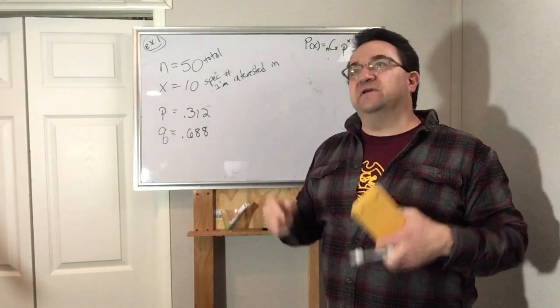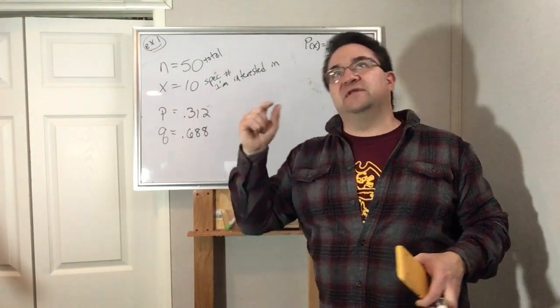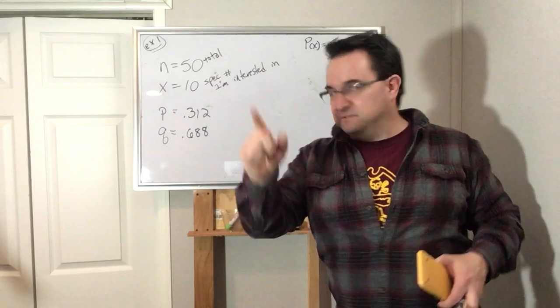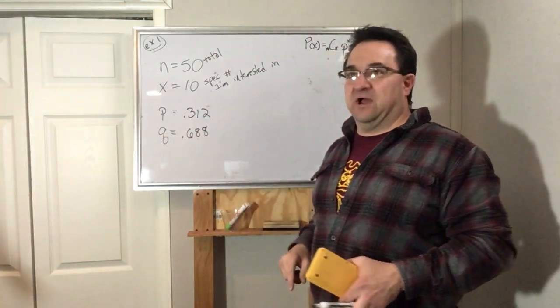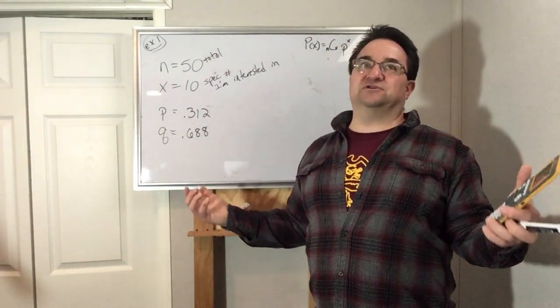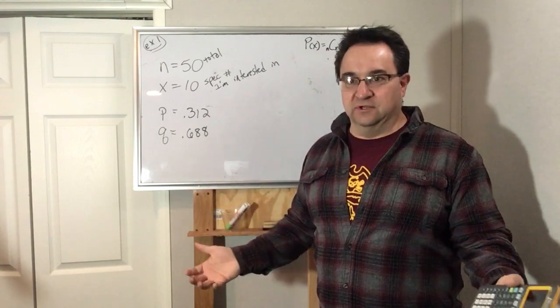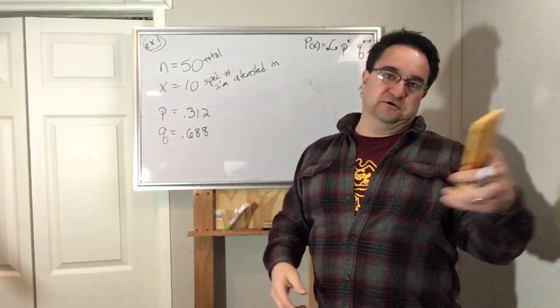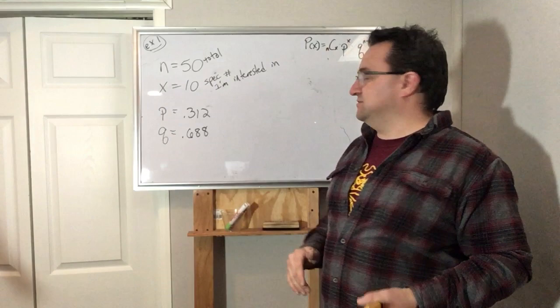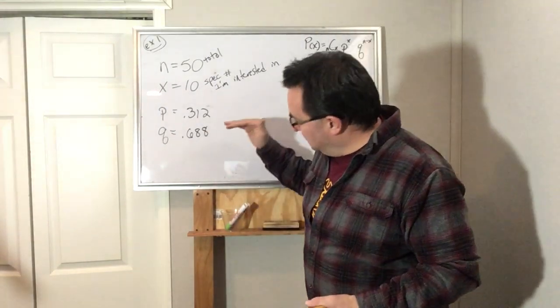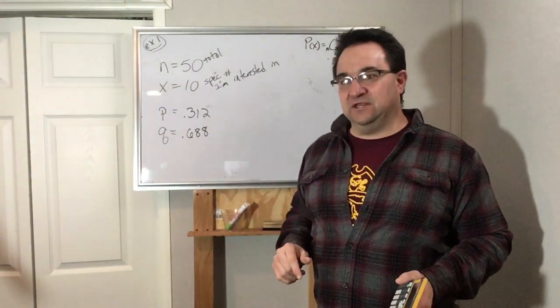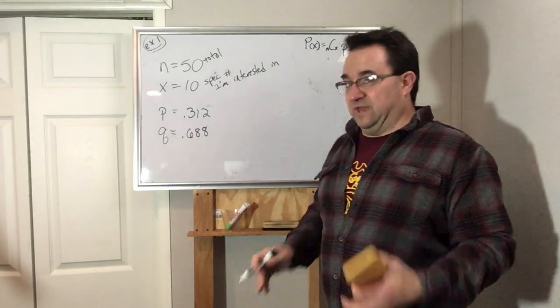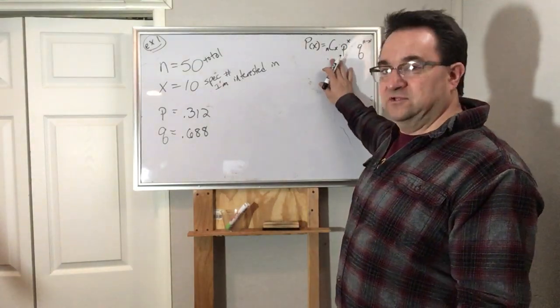X is the specific number I want to know, the probability that exactly 10 of them, that's specific. P is the probability of success. Well, what is the question asking? Do you like blue? Success is yes, failure is no. There's a 31% chance I get a yes, and then 1 minus that is the chance of getting a no. Well, that's the setup. Here's the equation.